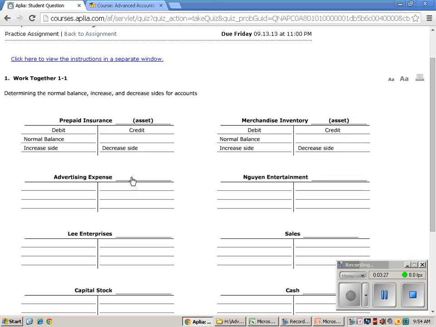Advertising expense. So an expense is going to be an expense. And for an expense, we've got debit, credit. Expenses, when they go up, it is always going to be a debit. Increase side, decrease side.